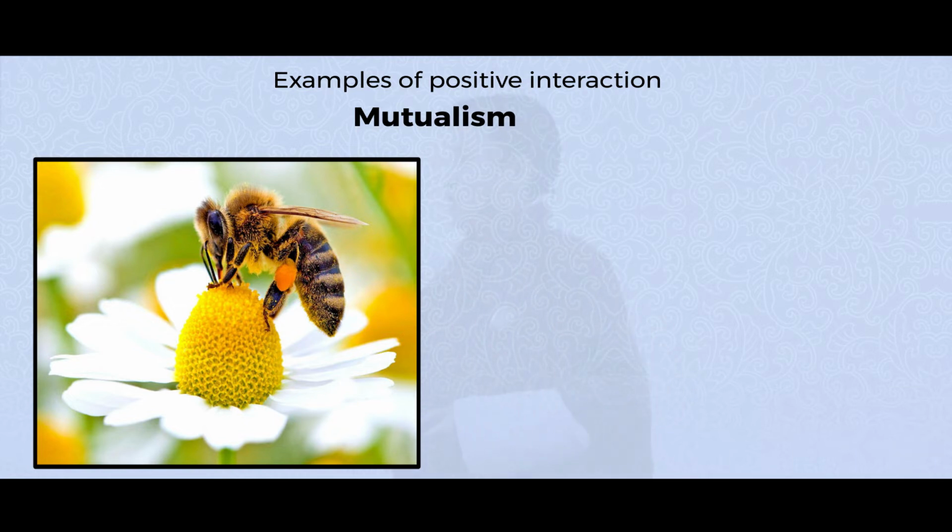In the pollination, you already know that the flower provides nectar to the visiting insects. So the insect is benefited because it gets the nectar. But on the other side, the flower is helped by the bees in transferring pollen grain from anther to stigma, thereby letting the pollination happen. So here, both bee and the flower are benefited. This is an example of mutualism.